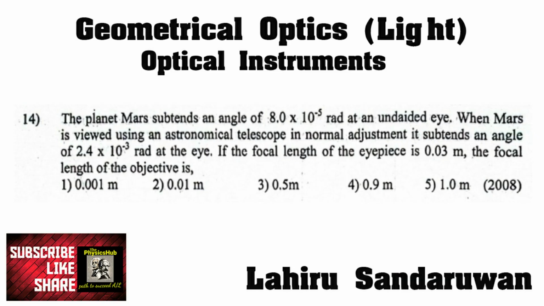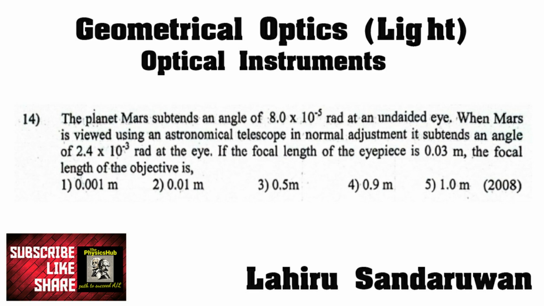The planet Mars subtends an angle 1.8 times 10 to the power minus 5 radian at an unaided eye. When Mars is viewed using an astronomical telescope in normal adjustment, it subtends an angle 2.4 times 10 to the power minus 3 radian at the eye.